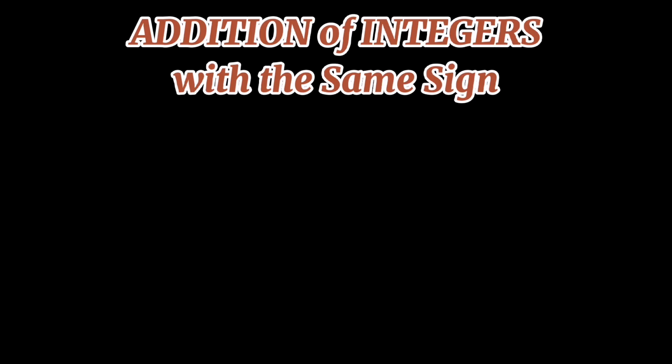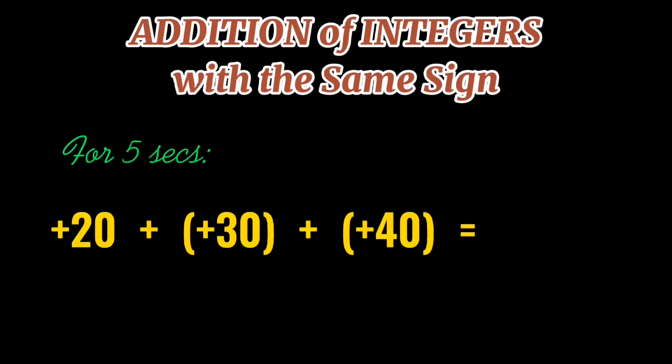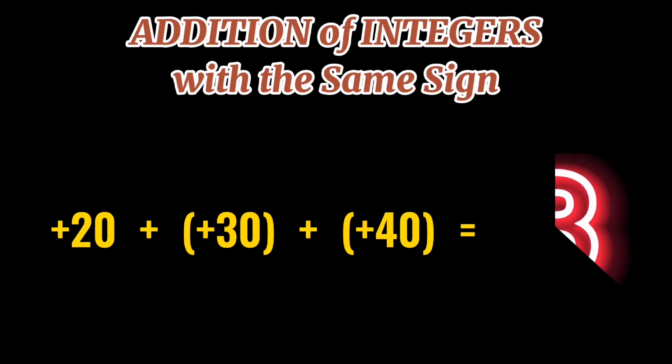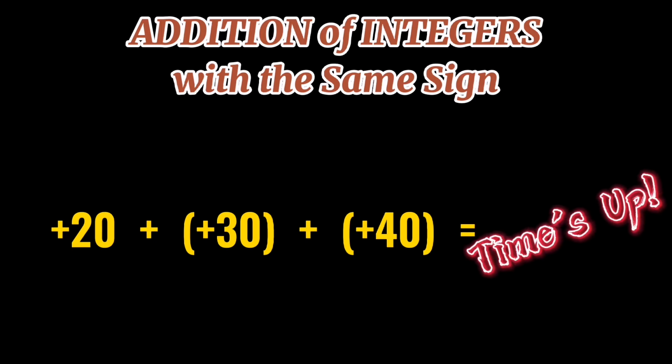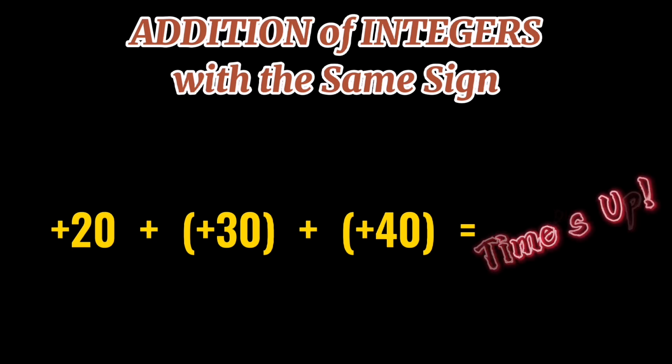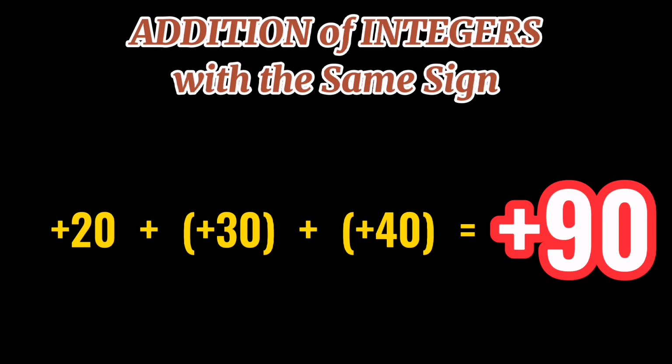Now let us have some exercises. For 5 seconds, +20 plus +30 plus +40. What is the sum? Go. Time is up. The correct answer is +90.